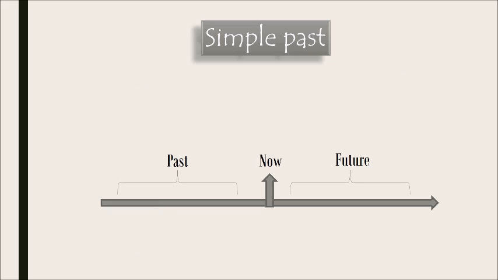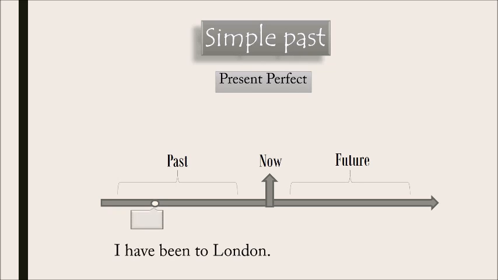We use simple past with present perfect. Present perfect, we use it when we want to speak about experience without giving details. So if I want to speak about something I have done in the past and the time is not important, for example, something that happened in the past, I have been to London. So this is present perfect.